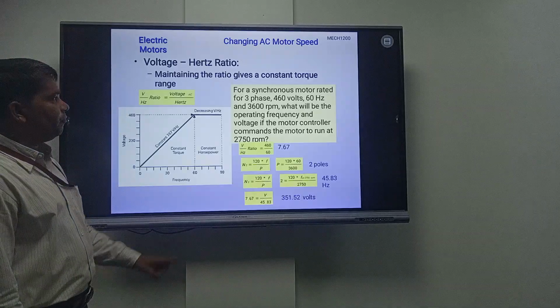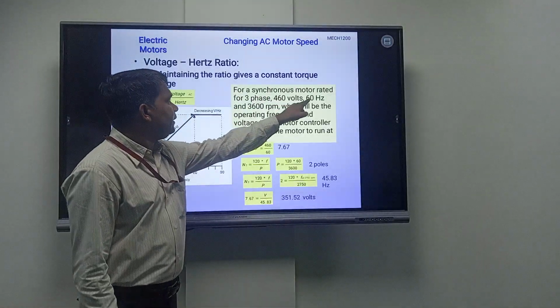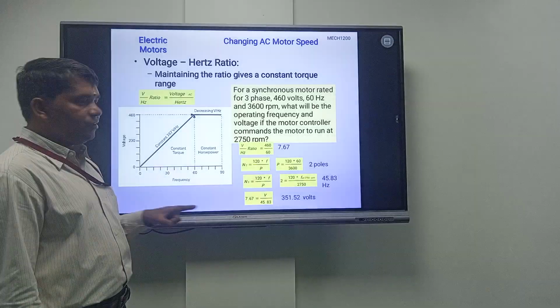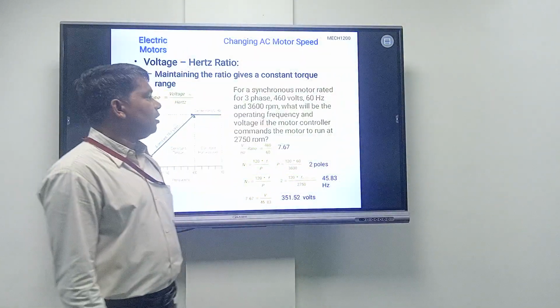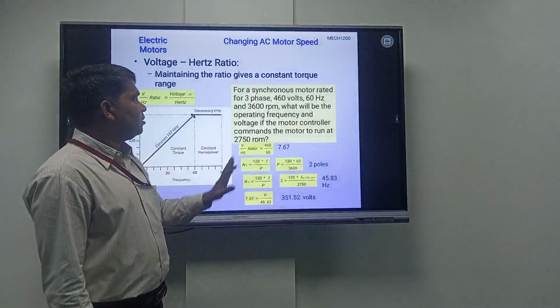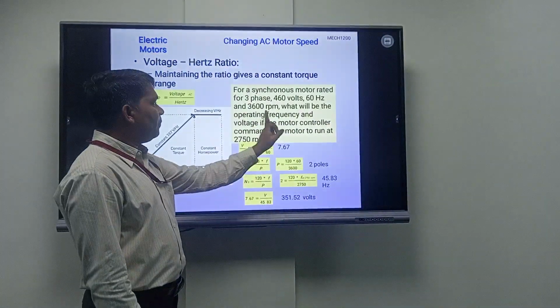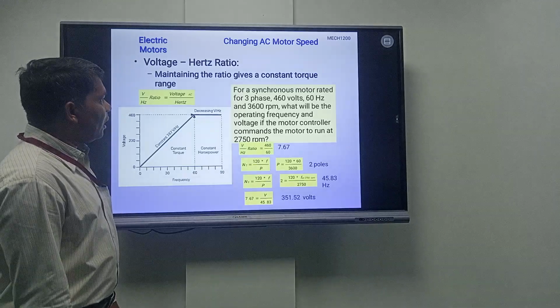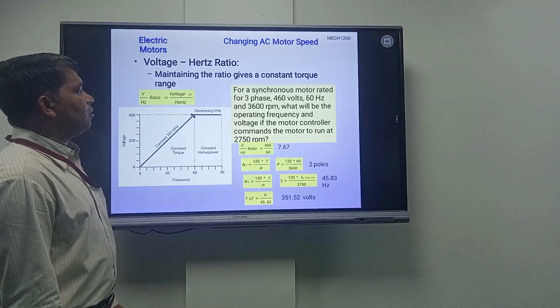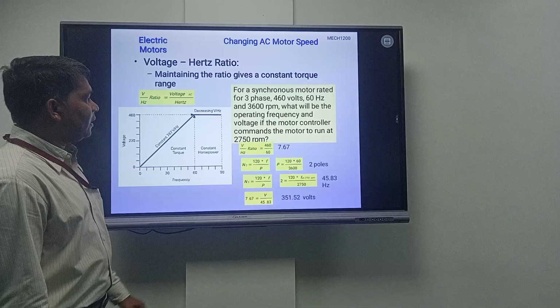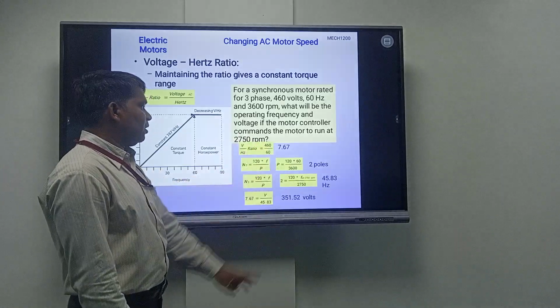For a 3-phase motor with 460 volt applied at 60 Hz, it is running at 3600 RPM. What will be the operating frequency and voltage if the motor controller commands the motor to run at 2750 RPM?